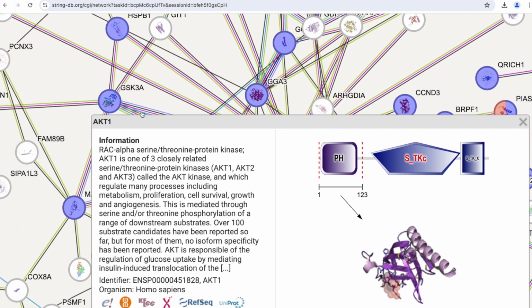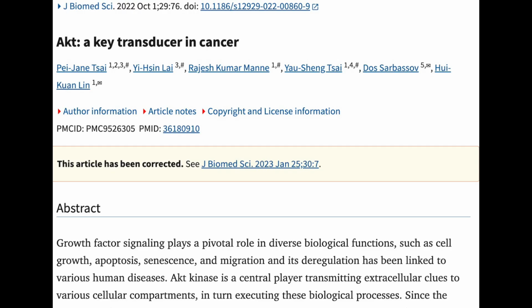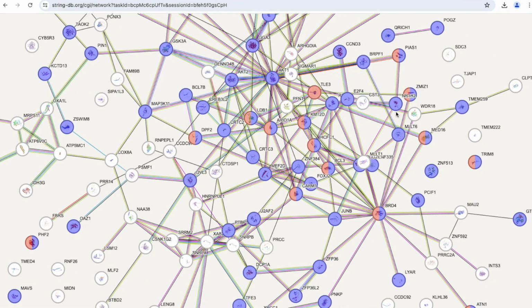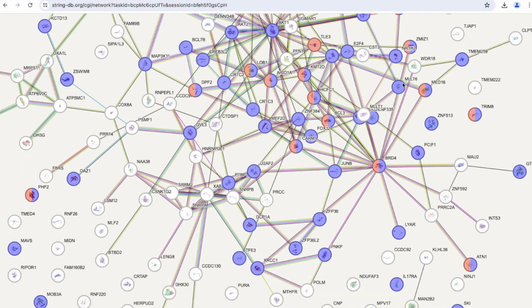Actually, AKT1 is a very big gene in cancer, so for sure. But again, you find correlated genes, you can basically take those genes, put them into this program, and get some pathway analysis.